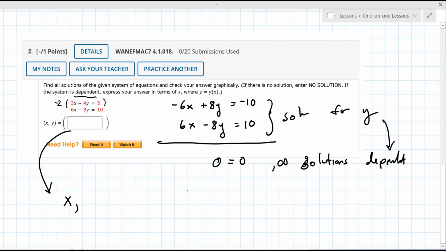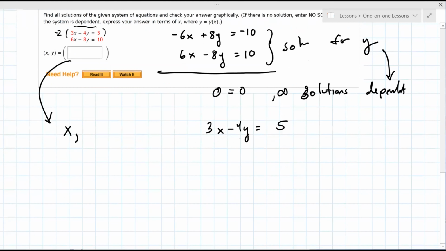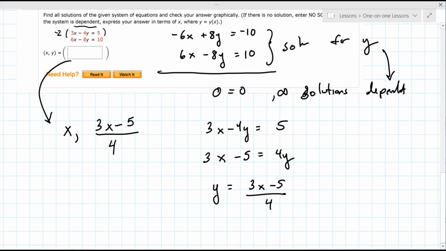So I'll just choose the top one: 3x minus 4y equals 5. I'm going to solve for y. I'm going to move the y to the right side, the 5 to the left side. So it's 3x minus 5 equals 4y. And then divide by 4. So y equals 3x minus 5 over 4. This is your answer, 3x minus 5 over 4.